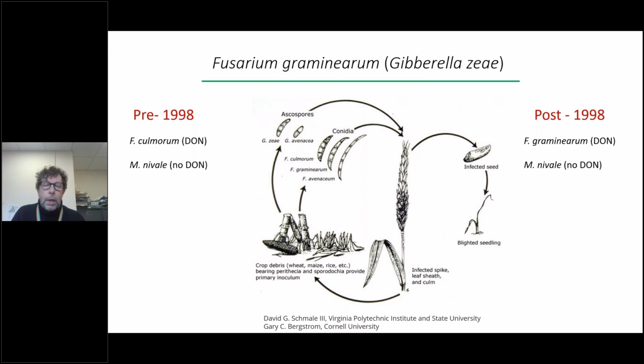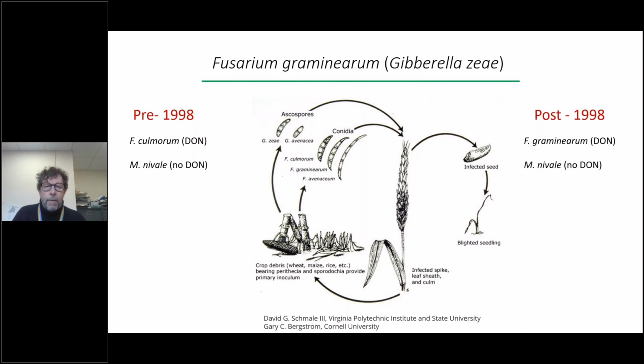This pathogen is of major concern to us because of its production of an airborne inoculum. Culmorum is a splash dispersed organism with no aerial dispersal phase, whereas graminearum is homothallic, which means it doesn't require finding a mate in order to produce the airborne spores. It can do it all on its own.